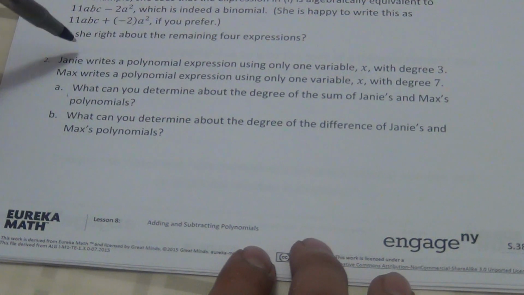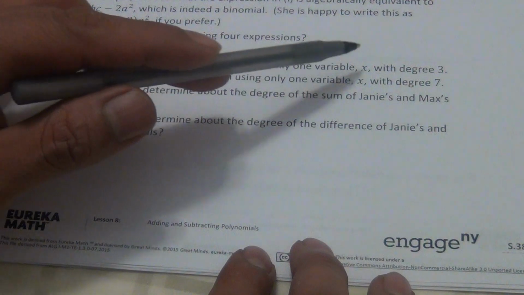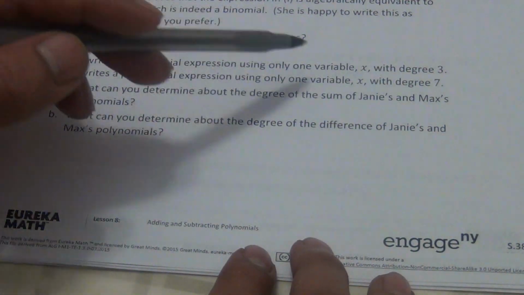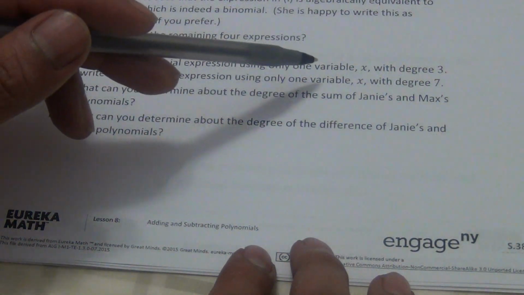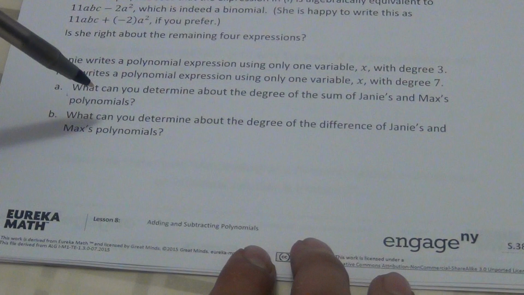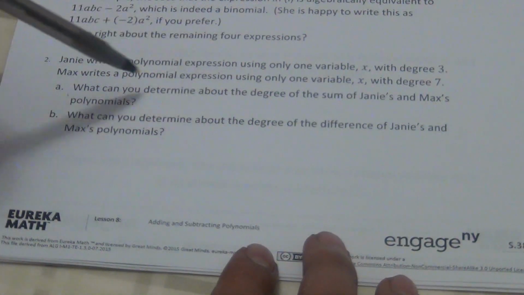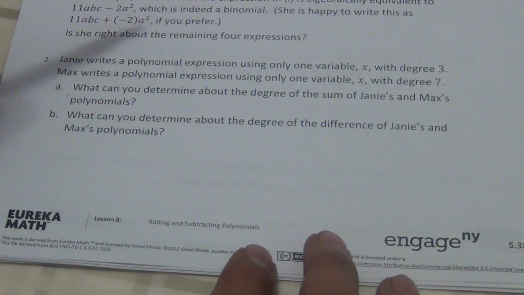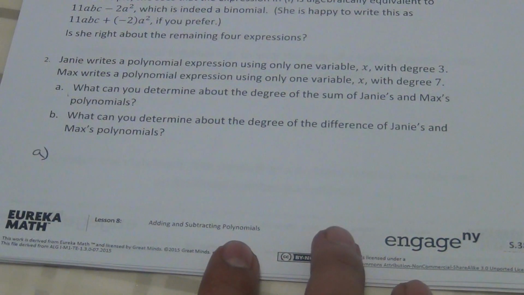Basically what I can determine is the maximum degree could be 5. The degree of the sum of Janie's and Max's polynomials. Remember, Janie writes a polynomial expression using only one variable, x, with degree 3. Then Max also writes a polynomial expression using only one variable, x, with degree 7. If we start adding the polynomials, what can you determine about the degree of the sum? Let me write it down.